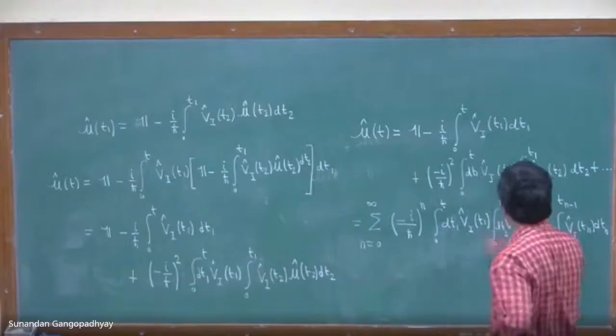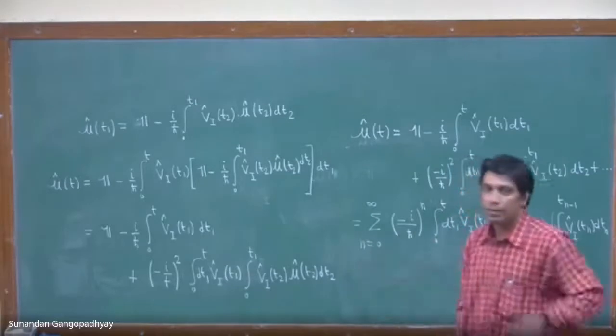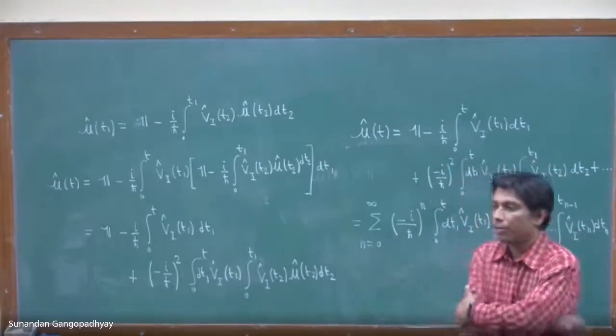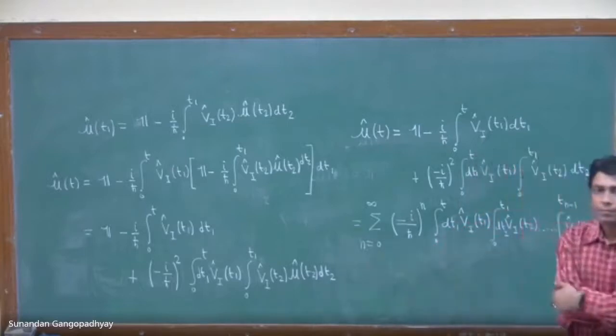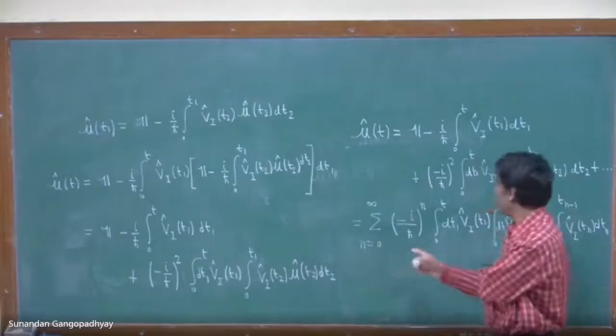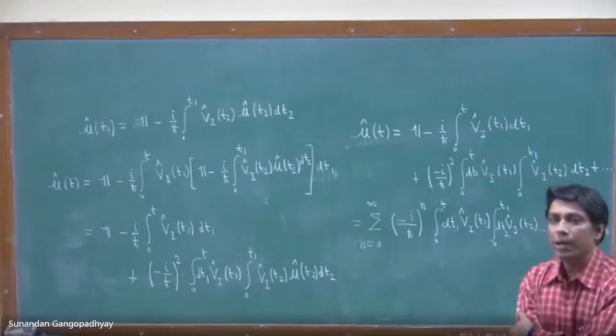You check it for n equal to 0, what term do you get from this closed form? What is the n equal to 0 term? I don't know, because the multiplications are defined as various integrals, I mean 0 to t, 0 to t1, 0 to t2. For n equal to 0, what is the value of this? That is 0 to t minus 1, but there is no t minus 1.